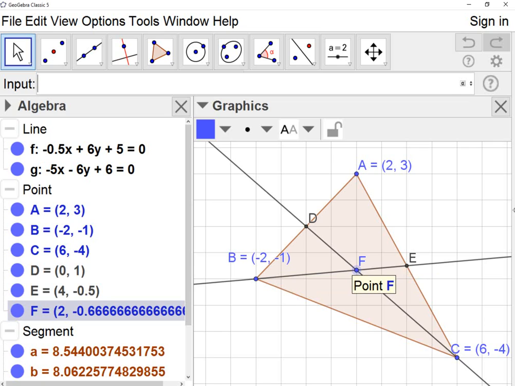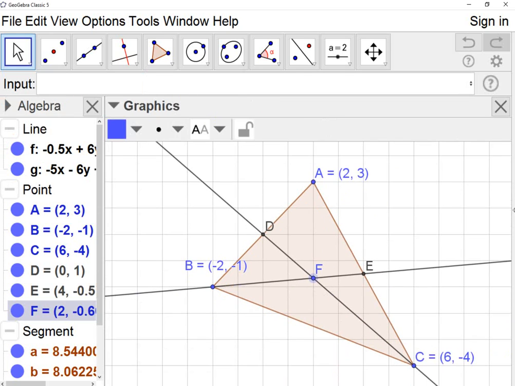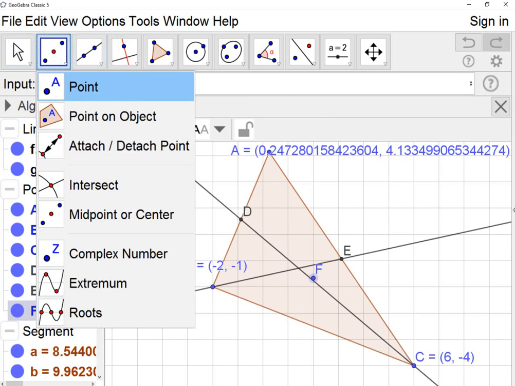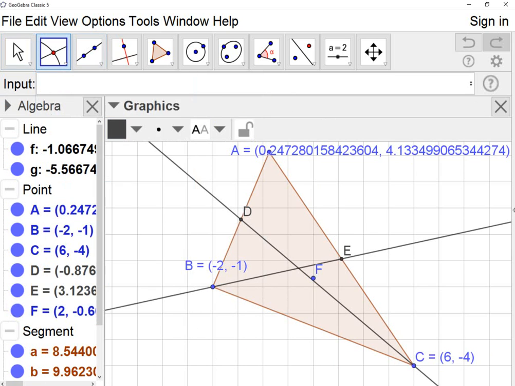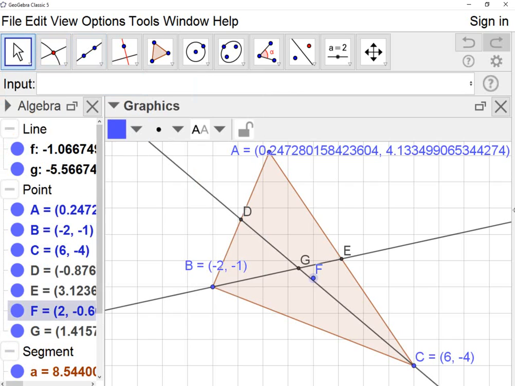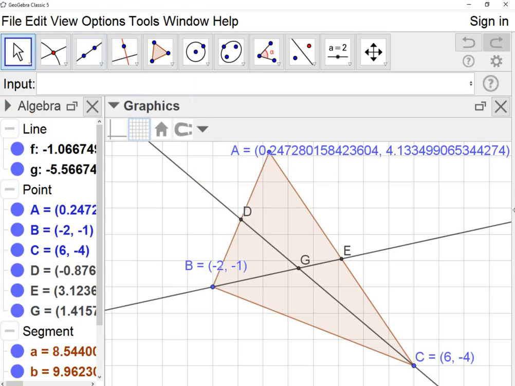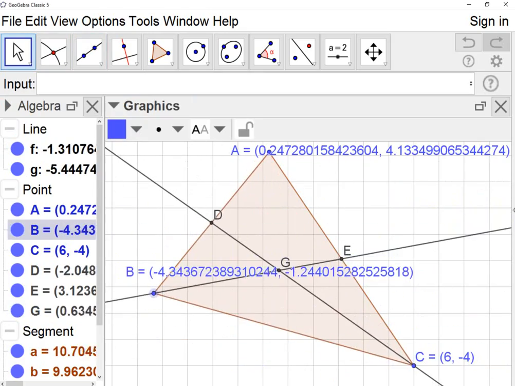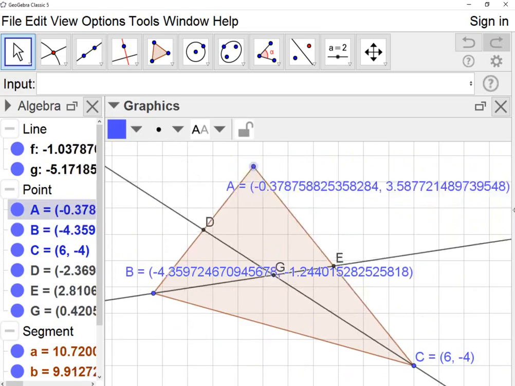Which algebraically is much more simplistic than any other process. If I look at my centroid and I start changing my triangle, so G is the centroid now, where is that centroid always located?